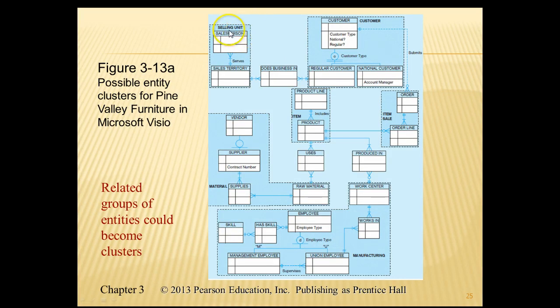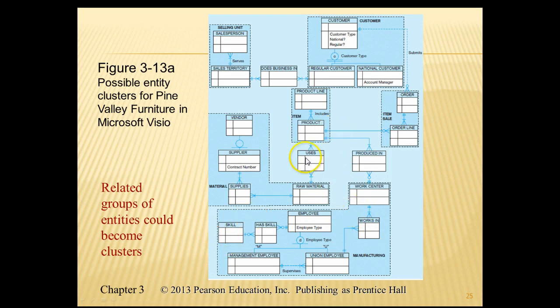For instance, there's a selling unit up here that clusters those two entities together, and then we cluster a few more entities together for customer and item sale. Now, notice that a lot of these associative entities are not included in some of these clusters unless they are contained within the relationship of those entities.